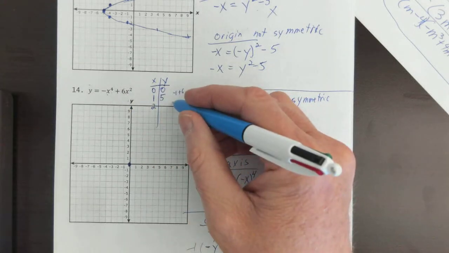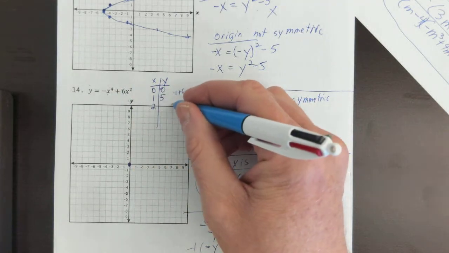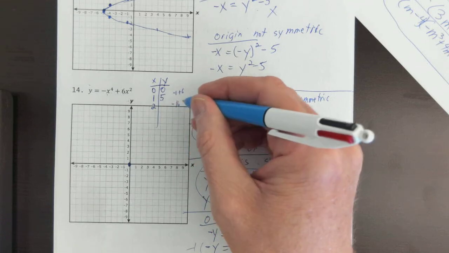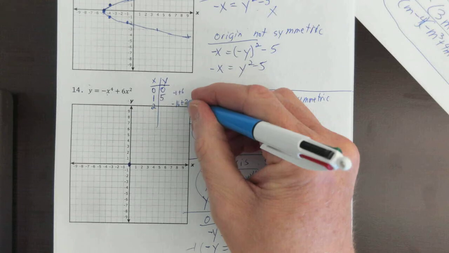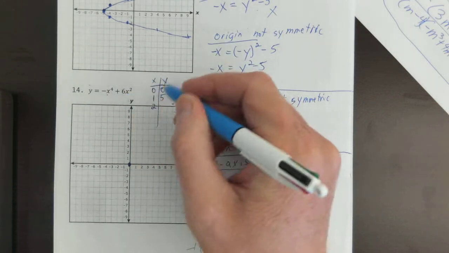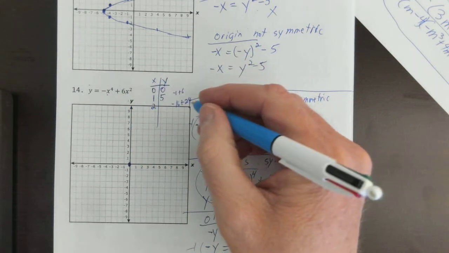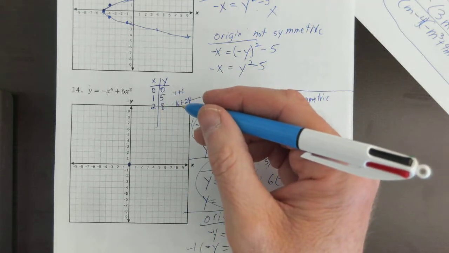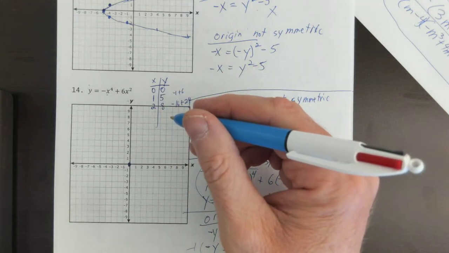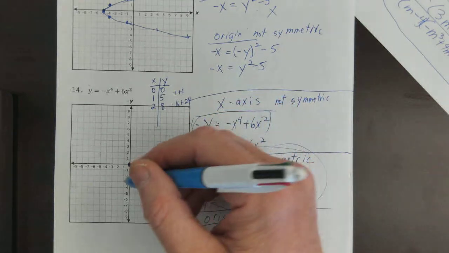That is negative 16 plus 24, since 2 squared is 4 times 6 is 24. So that's 8. So 0, 0, 1, 5, 2, 8. Anything else I try is going to run out.